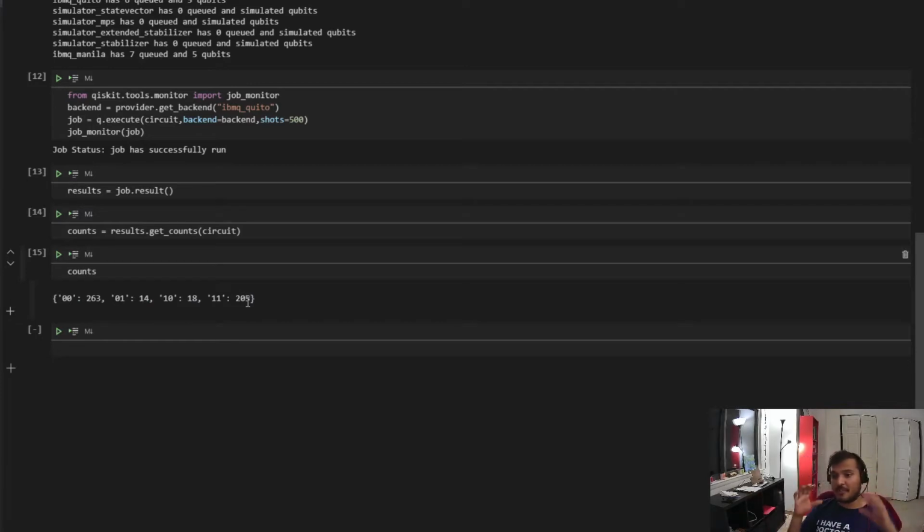Because the combination of Hadamard and the C naught creates an entangled state, you will only see 0, 0 and 1, 1. You can see some minor quantities of the others, but this is just background noise. So these two states are the most frequent ones, and that's how it should be.